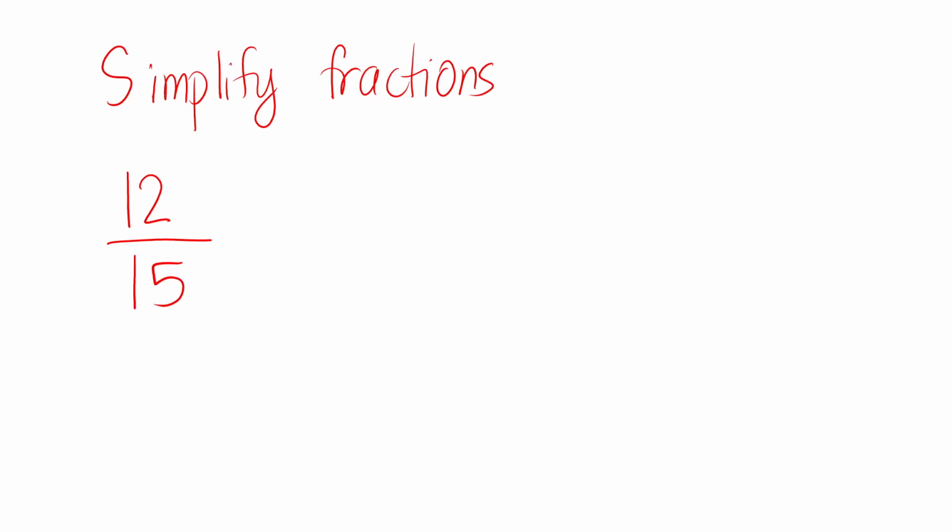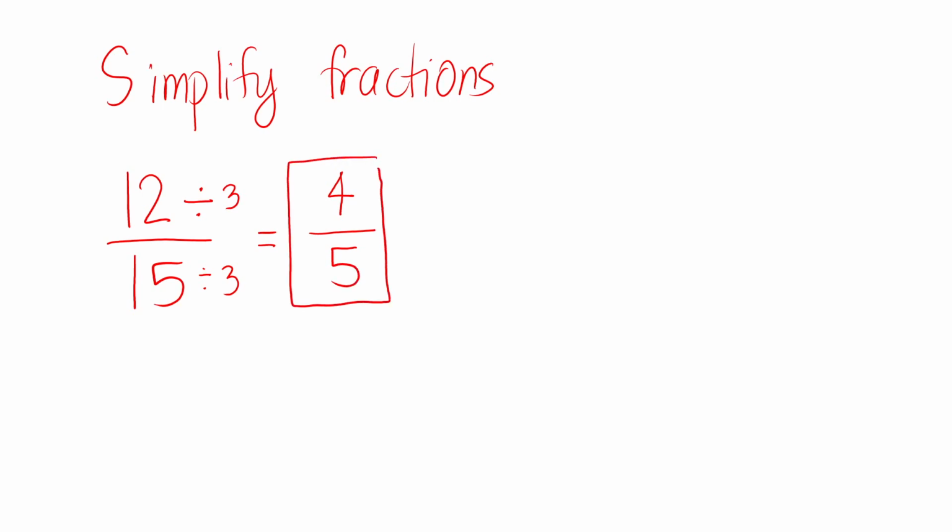Mangita tag number nga maka-divide sa 12 ug 15. And what number is that? Very good. So, kining numerator o denominator, i-divide nako by 3. So, 12 divided by 3, that's 4. What about the denominator? 5. Very good. There you go. That will be the simplest form.